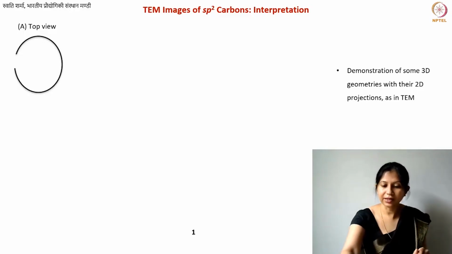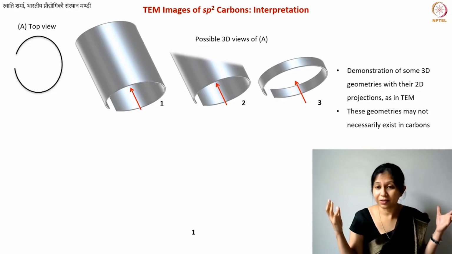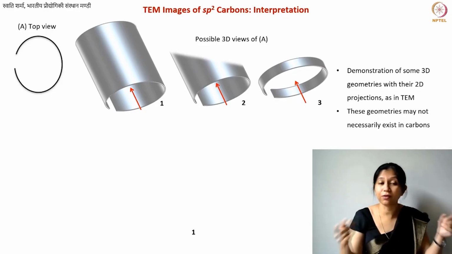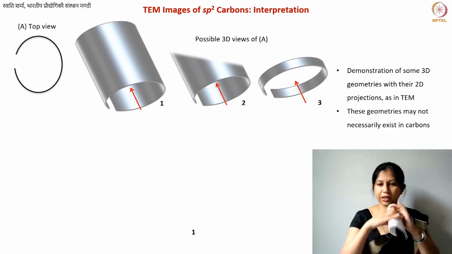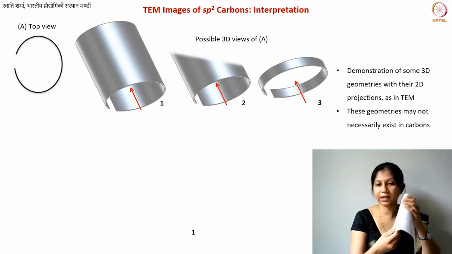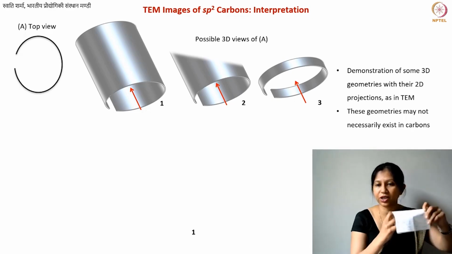So we can have various possible 3D shapes that will give you this 2D projection. The first one is more like a tube. I did not draw a complete tube, but it is basically this. So this is your first one. The second one, as I said, could be a randomly rotated, randomly folded graphene sheet.